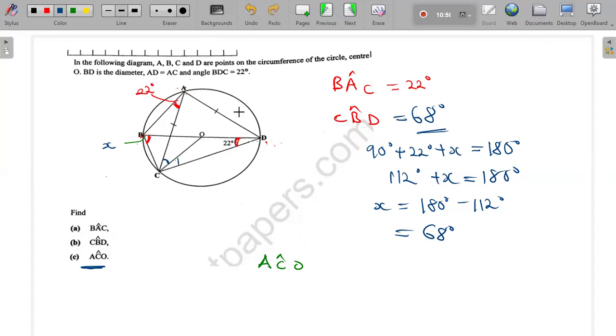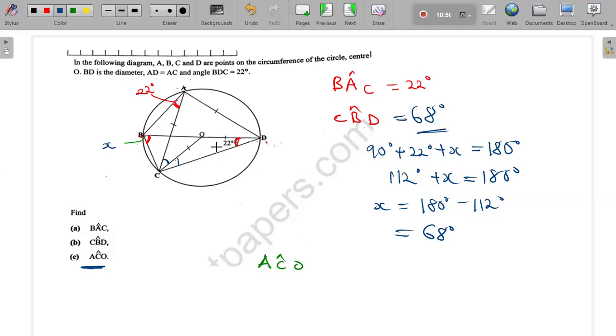So let's follow the steps of how we're going to do this one. Since this here is the center, going to the circumference, and from the center to the circumference there, the distance from here to there and the distance from the center to that point are the same, since they are radii. We know that the distance from the center to any point on the circle is the same.